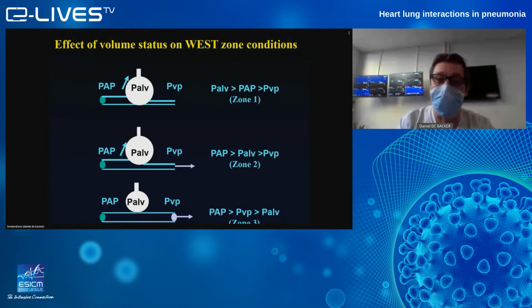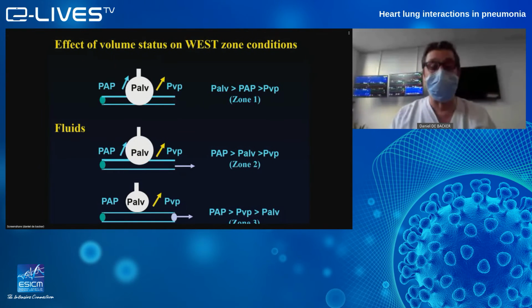And interestingly, when we apply some filling to these patients by giving fluids, we increase the pulmonary venous pressure, and we increase by this way the amount of zone 2 and zone 1 compared to other conditions here.